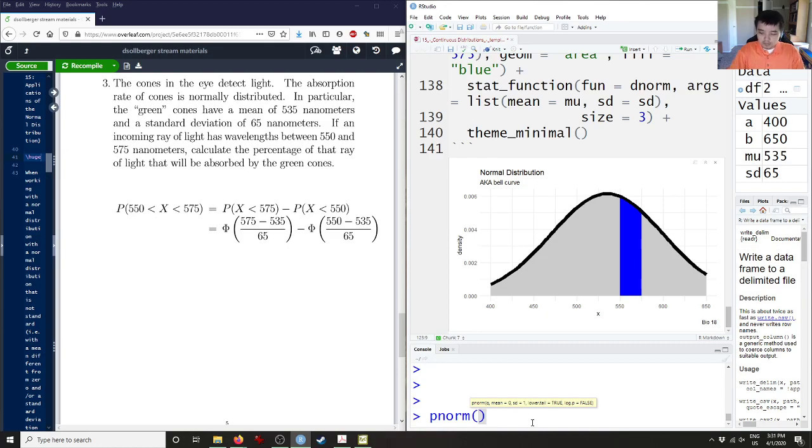We're using the p-norm command for our convenience in calculating this. But as implied by what we saw with what I had written on the page, we need to do two of these calculations and put a subtraction sign in between.